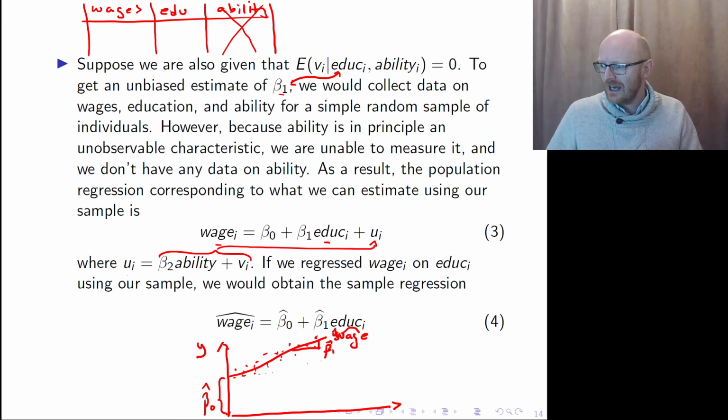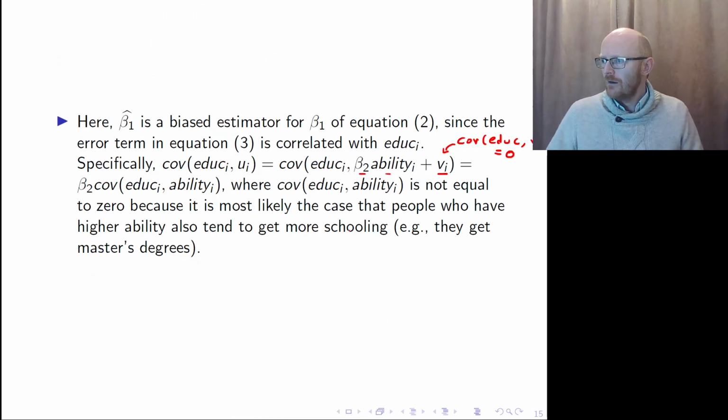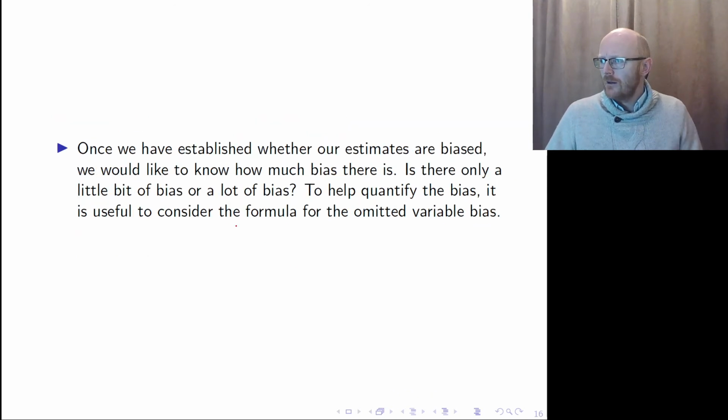But now beta 1 is accounting for both education and the ability. But what you observe is the estimated slope, right? You don't observe the true slope or the slope of the omitted variable.